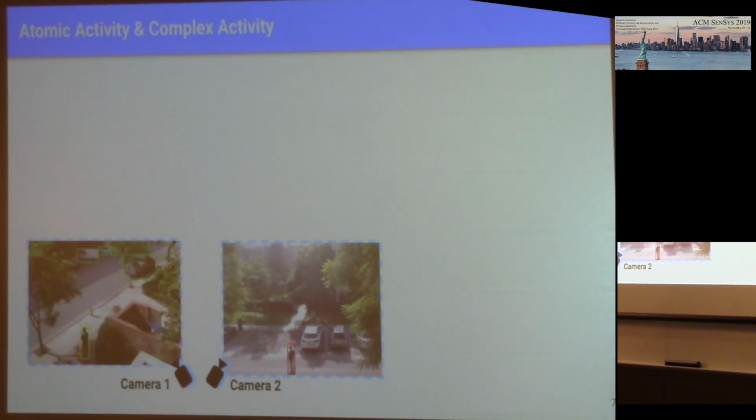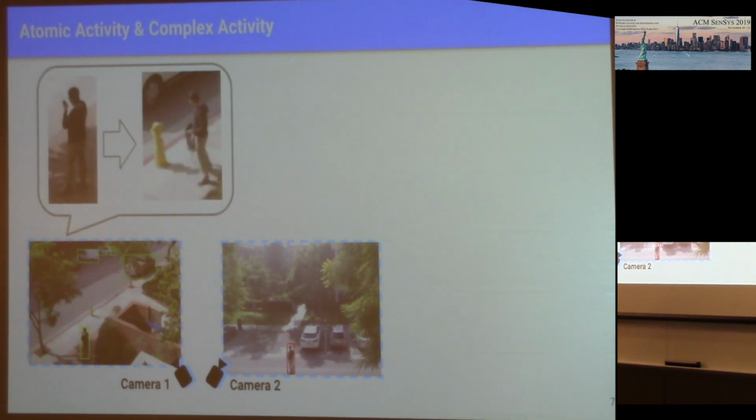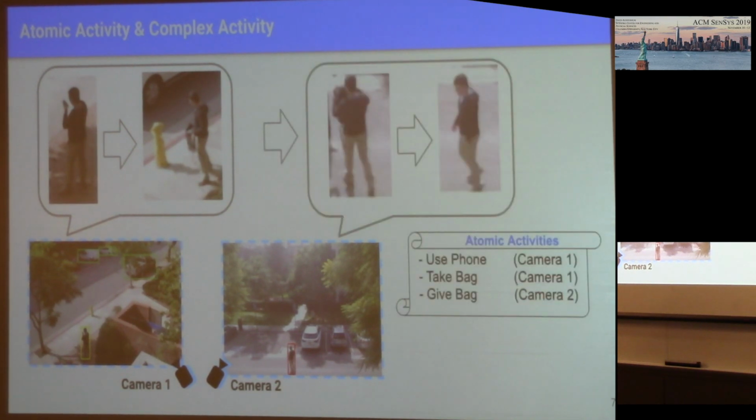Here is an example to show the difference between complex activity and atomic activity. We have two cameras here, and there's a guy being captured. He first uses a phone, then he takes a bag from someone else. Then he travels to the second camera and gives the bag to someone.